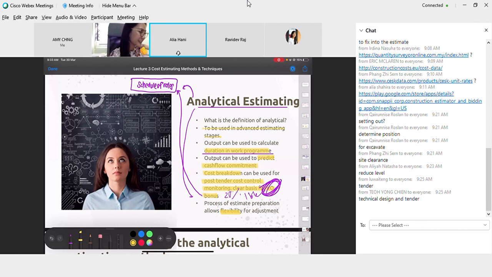Betul. So because it is super detail, macam tadi kalau unit rate, macam mana dia flexible, dia ada satu je kan, cost per bed. How to adjust? Cannot. Cost per bed is 1,000 per bed, 1,000 lah. How do you adjust? Tapi bila you pergi approximate quant, you boleh adjust. Contohnya you adjust dekat your superstructure.